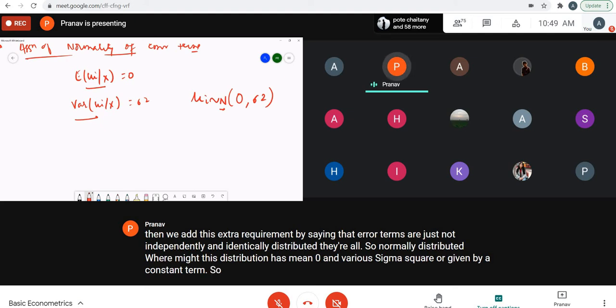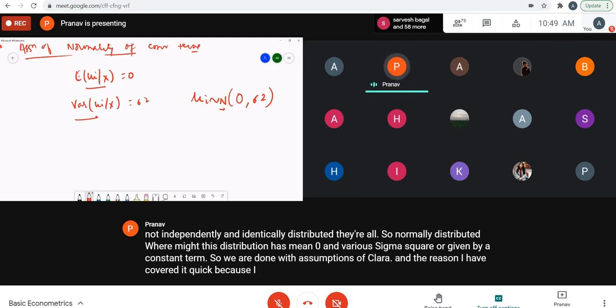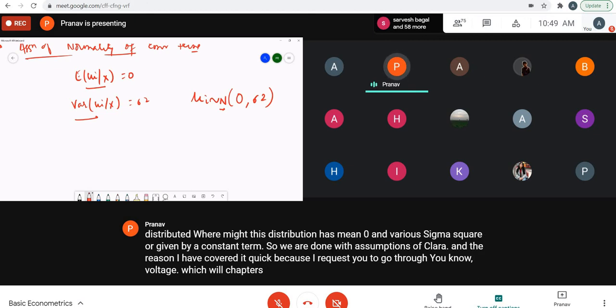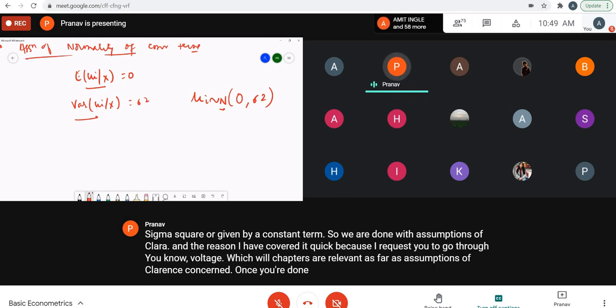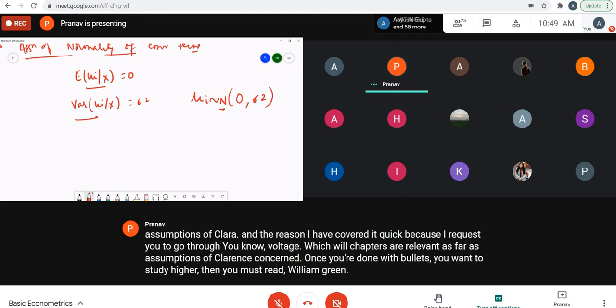So we are done with the assumptions of CLRM, and the reason I have covered it quickly is that I request you to go through Wooldridge, whichever chapters are relevant as far as the assumptions of CLRM are concerned. Once you are done with Wooldridge, if you want to study higher, then you must read William Greene. I refer to that textbook as far as my lectures are concerned.